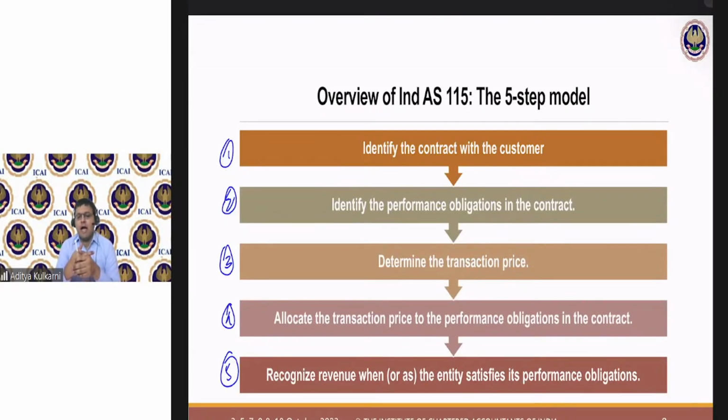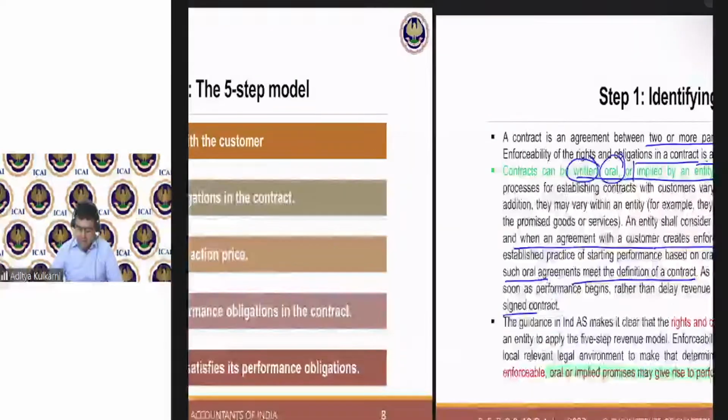Step number 4, allocate the transaction price to the performance obligations. And step number 5 is recognize revenue as the entity satisfies the performance obligations. The most important steps are step number 3 and step number 4. The remaining 3 steps are mere formalities. You do step number 3 and 4 correctly, then your standard is automatically taken care of. Okay, so this is the 5-step model that we had.